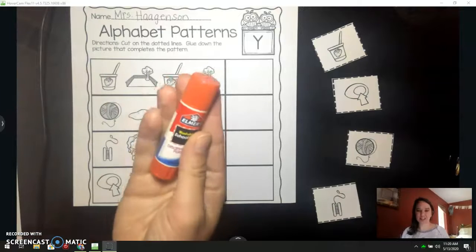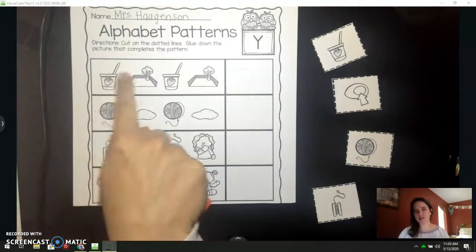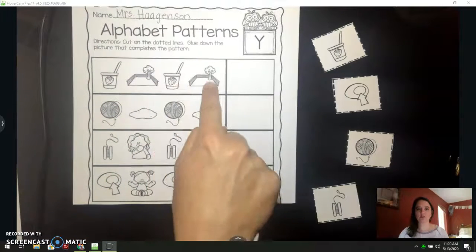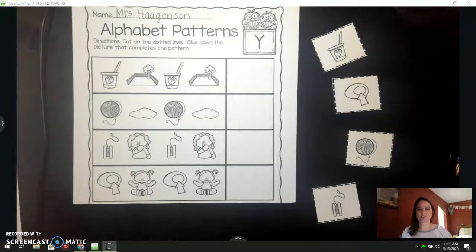I got my pictures and I have my glue stick ready. So I'm going to sing the patterns again and you tell me what comes next. Yogurt, yard, yogurt, yard. Which of these pictures? Yes, yogurt.